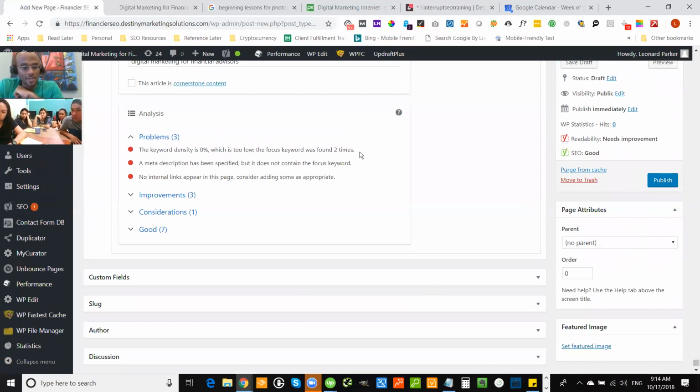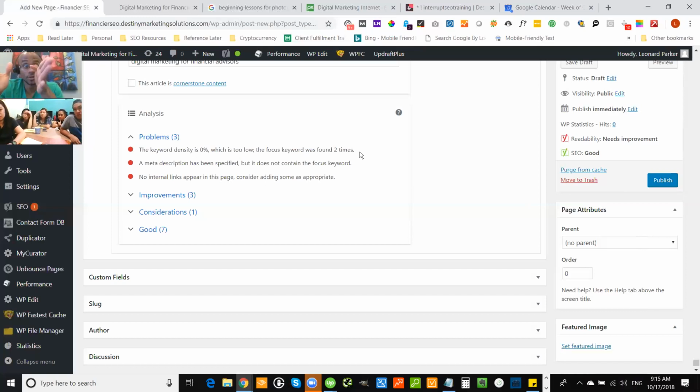So basically what that is saying, and just speaking from experience, it wants you to add that particular phrase, digital marketing for financial advisors, more times in the content. And the keyword density is basically, so you take how many times that phrase is in the content over the total number of words.